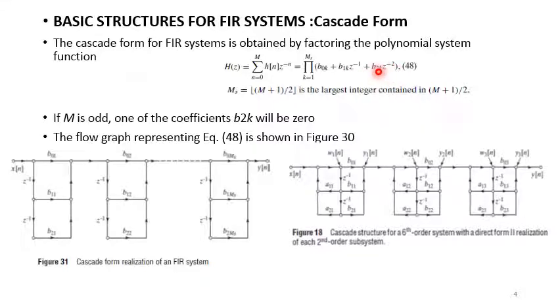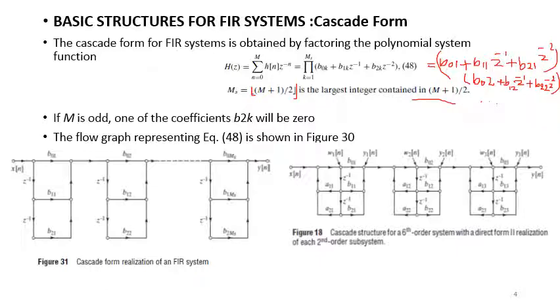You understand, we can expand this one. I hope you understand. So by putting different values of k, we can get factors running from 1 up to Ms, where Ms is the floor of (M plus 1) divided by 2, and this symbol represents that we take the largest integer contained by this one, right?